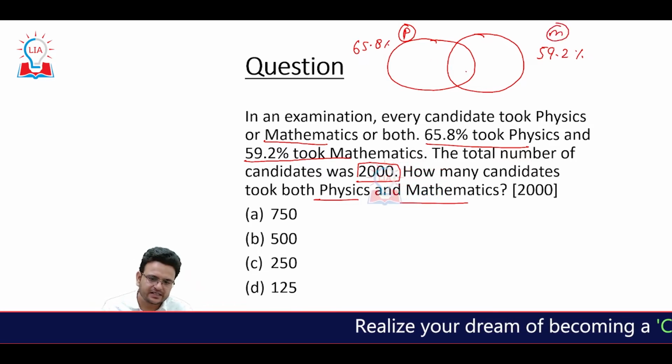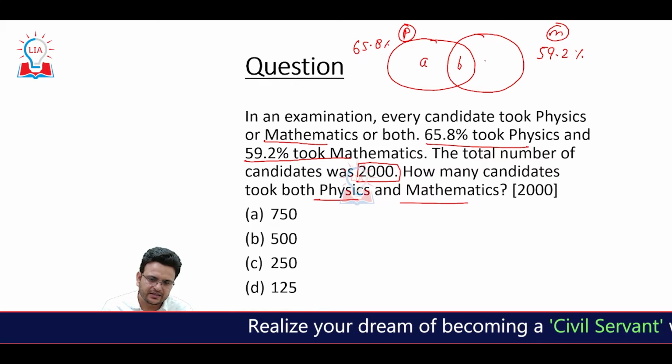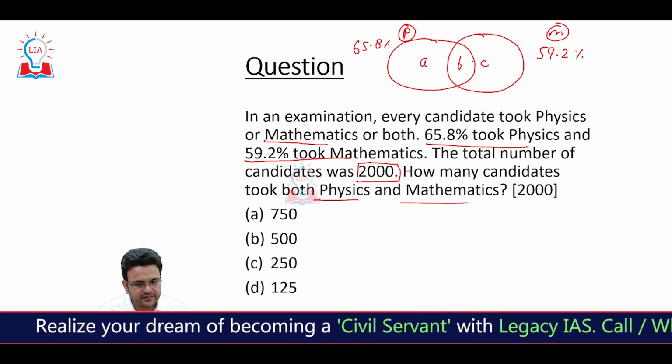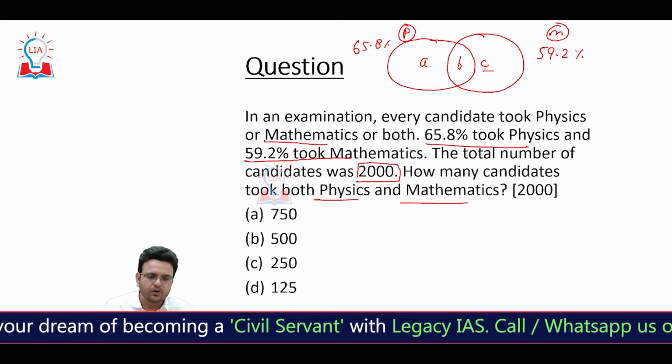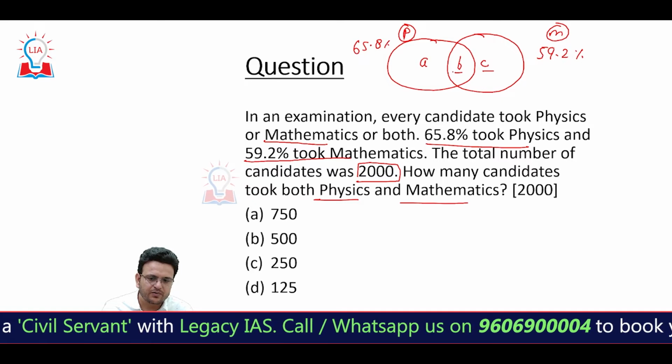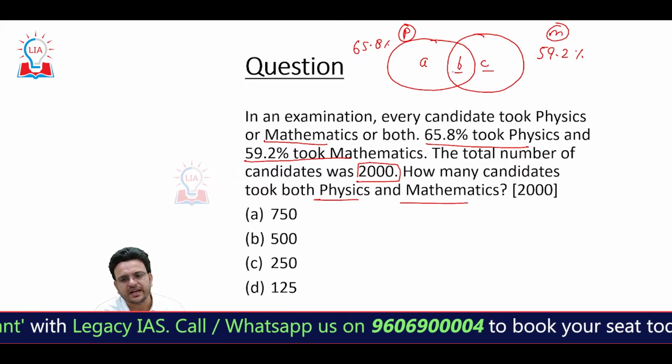So here we can see A, B, C. A is the candidates who took only physics, C is the number of candidates who took only mathematics, and B is the number of candidates who took both physics and math.